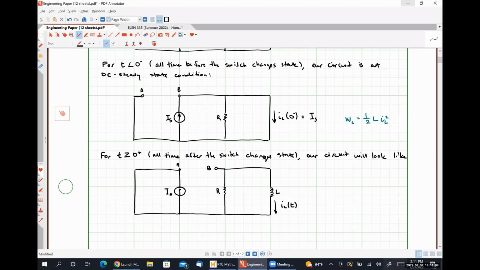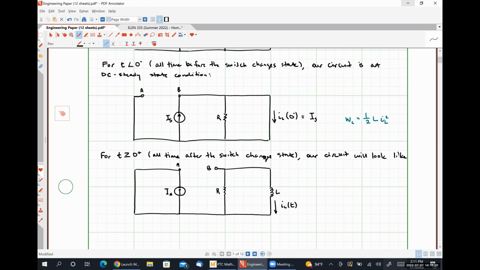And since the circuit is in a state of transition, because that switch effectively interrupted the DC steady state behavior, we can no longer replace the inductor with its DC steady state equivalent. The instant that switch changes states, we go from a DC steady state condition into a transient condition.